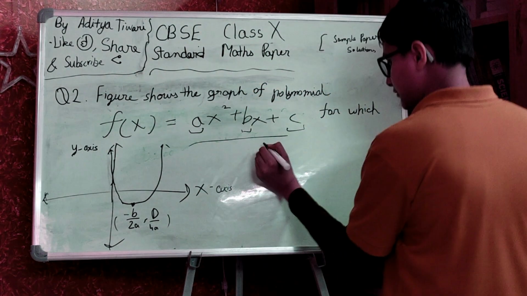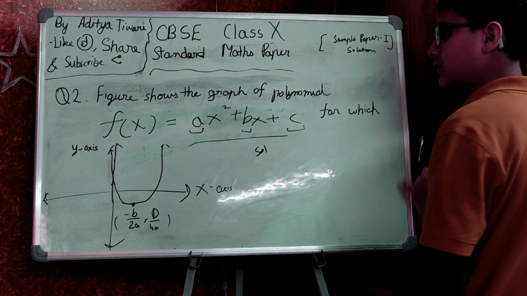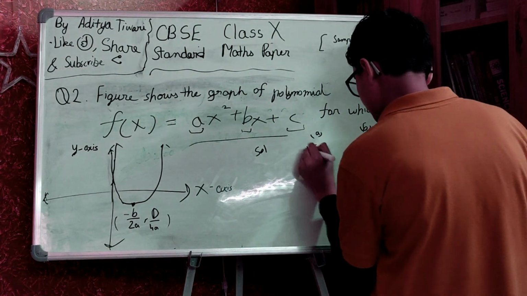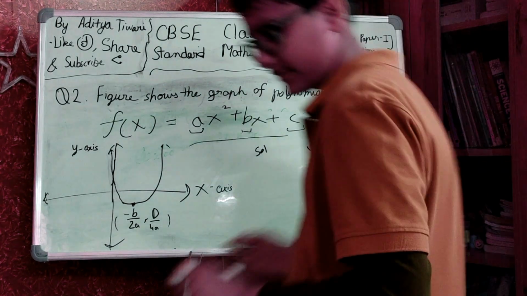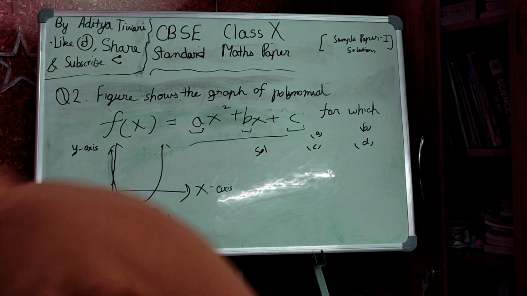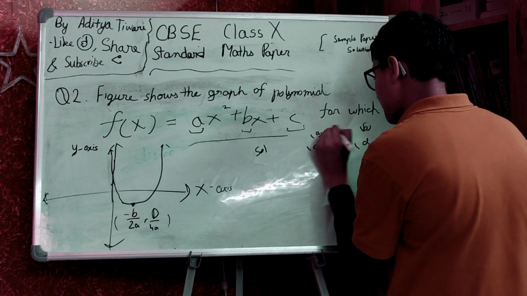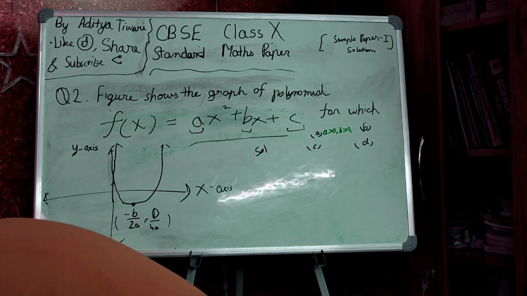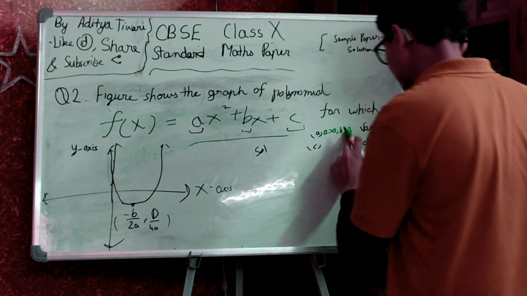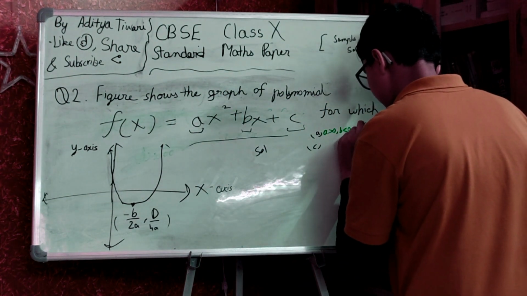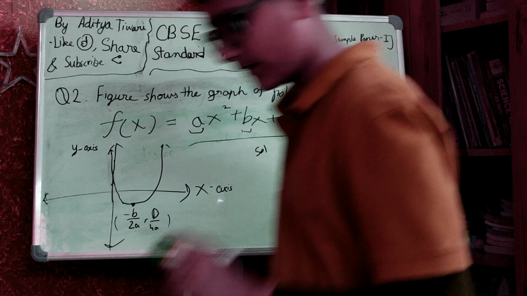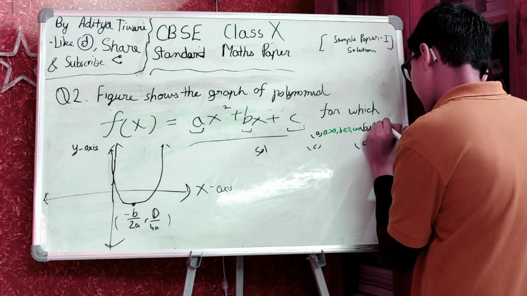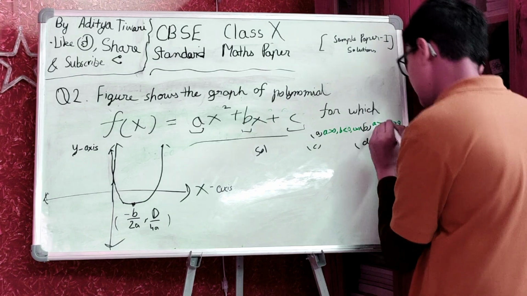So now I'm going to give you the options. Option A: a is greater than 0, b is greater than 0, c is greater than 0. Next option: a is greater than 0, b is smaller than 0, c is greater than 0.